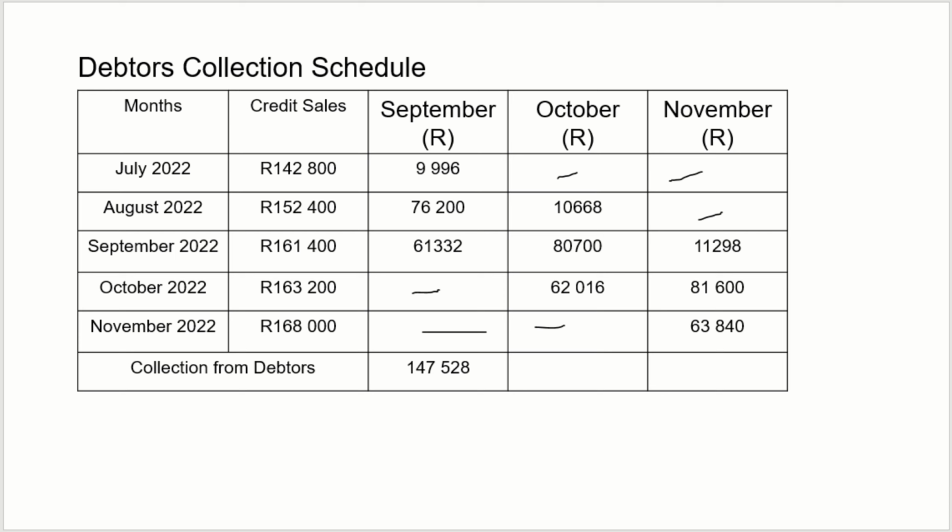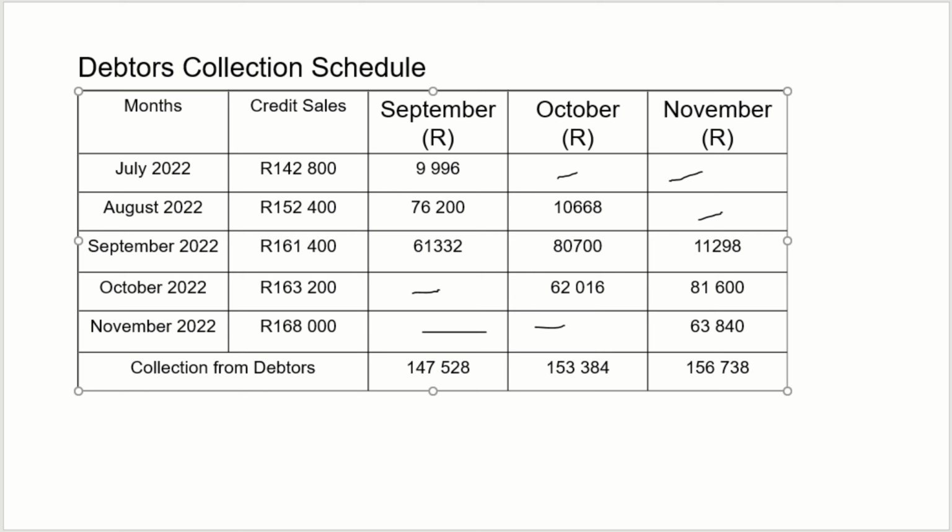Now we're going to add all of these and all of that to get the collection from debtors for the months of October and also of November. Okay, let me just press my calculator and I'll input the answers just now. And our totals for October will be 153,384 rands.